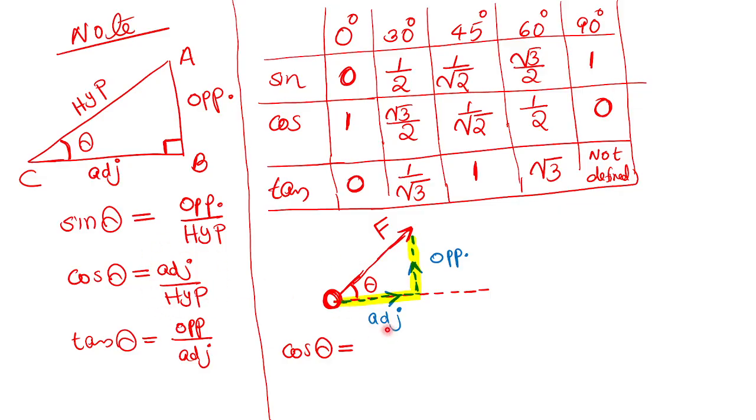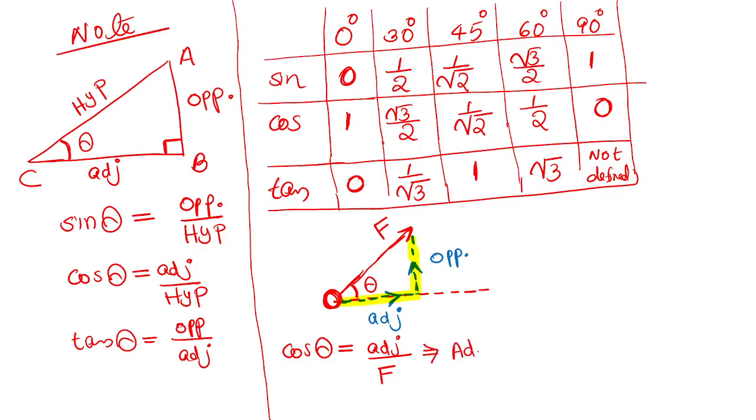As per this diagram, cos theta is adjacent side by hypotenuse. We don't know the adjacent side, but the hypotenuse is force or displacement, some vector quantity. Is this equation okay? Correct? Yes, sir.